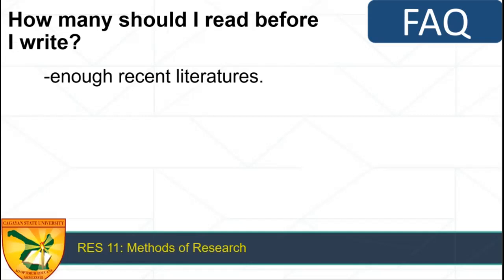Enough recent literatures, because your background of the study is like an executive summary or synthesis of your review of literature. So you should have read enough recent literatures before you have written anything.